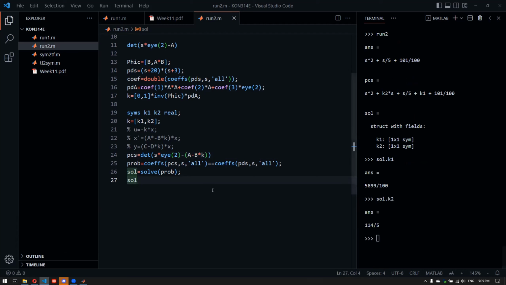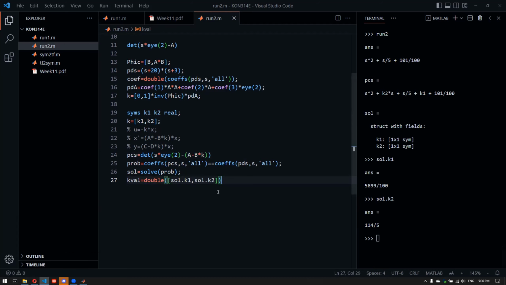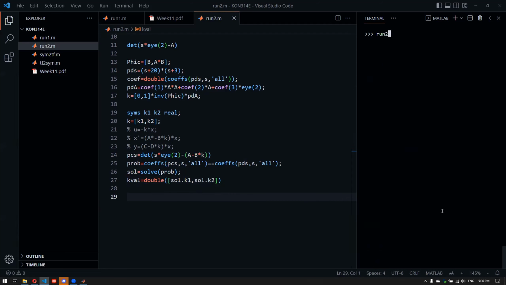So basically what I can do is come up with K, let's call it kval, and convert it into a double. Let's have sol.k1, sol.k2. So run 2, there we go. And what is K?